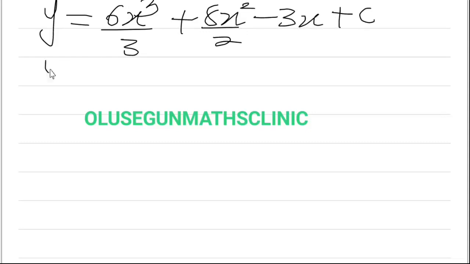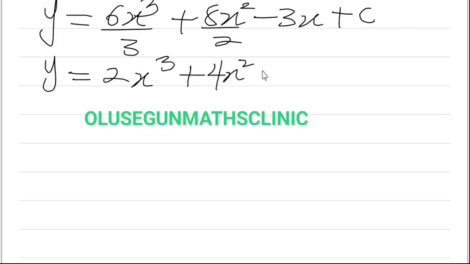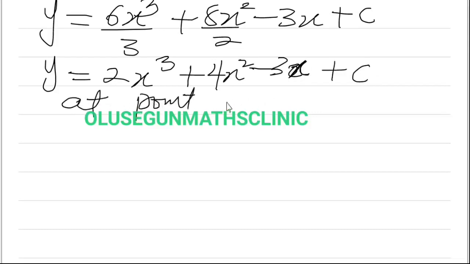Therefore, we have y is equal to 2x cubed plus 4x squared minus 3x plus c, at point -2, 5.